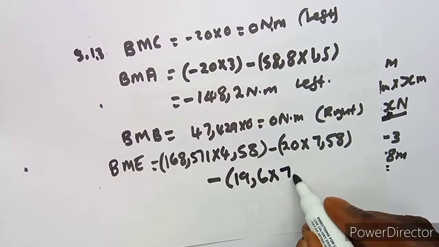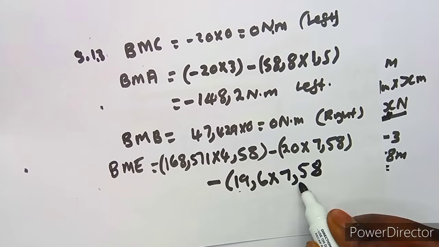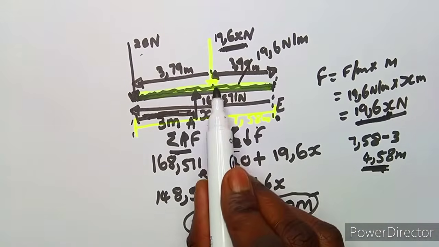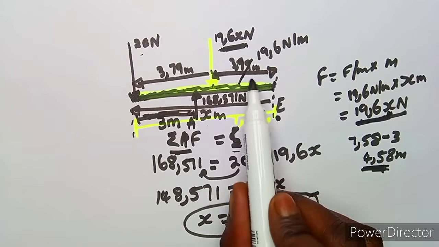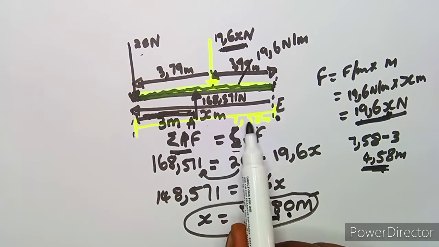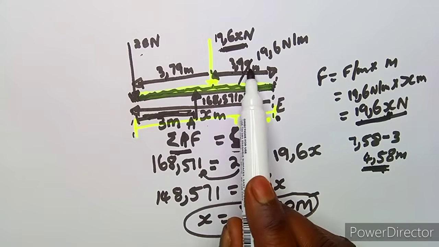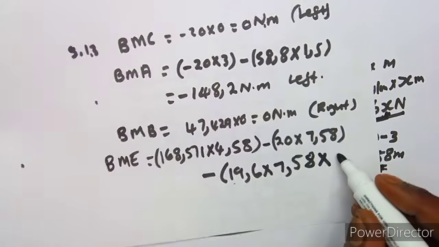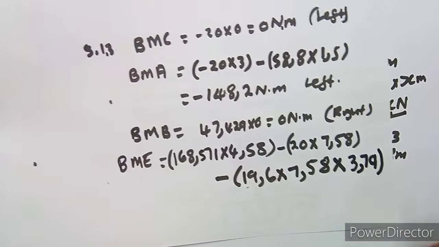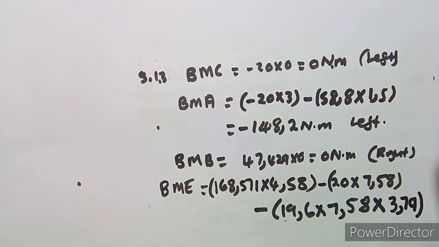So this is just our force, but we need the distance between that force back to E, which is 3,79, because it was distributed between 7,58 and we divided by 2 and we obtained 3,79. So this is going to be multiplied by 3,79. So that is what you're going to have at the end.